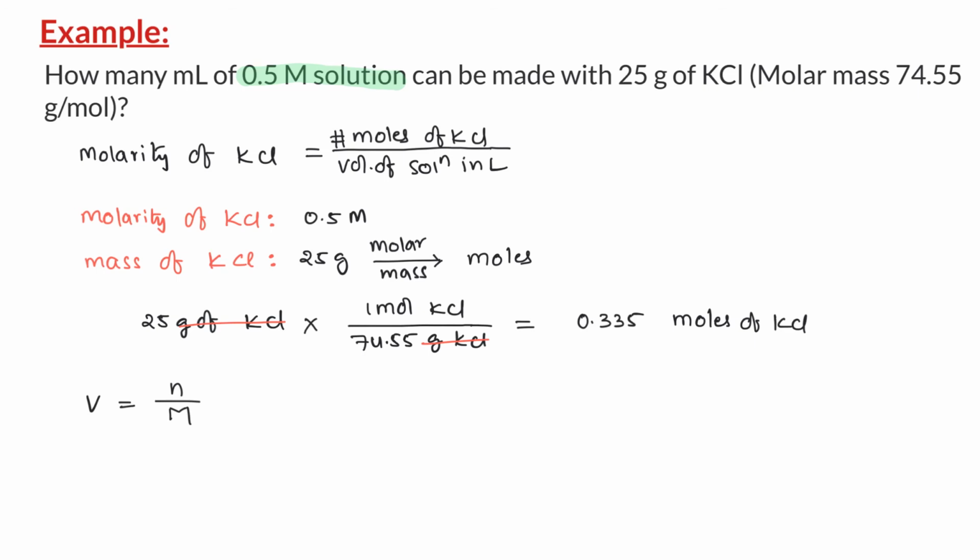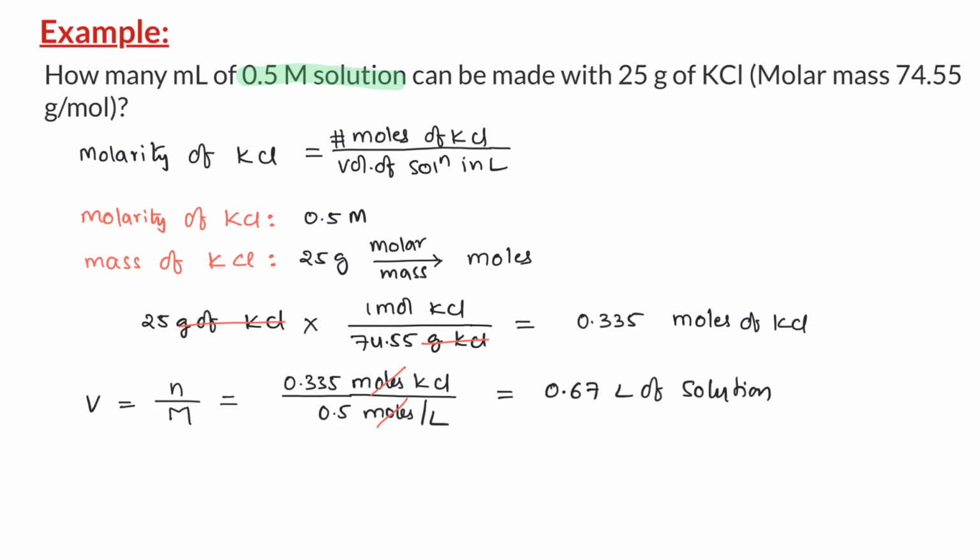We determined the number of moles of potassium chloride as 0.335 moles and the molarity of the solution is given as 0.5 moles per liter. Moles and moles get cancelled. The liters goes onto the top and if we do the math, we get 0.67 liters.